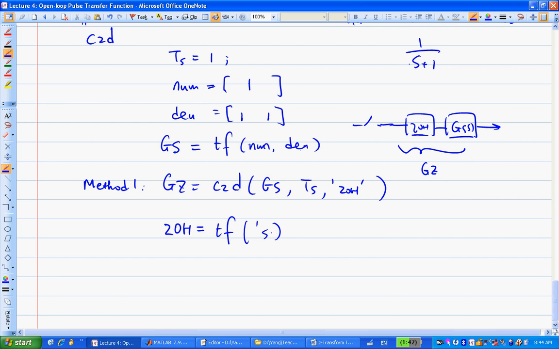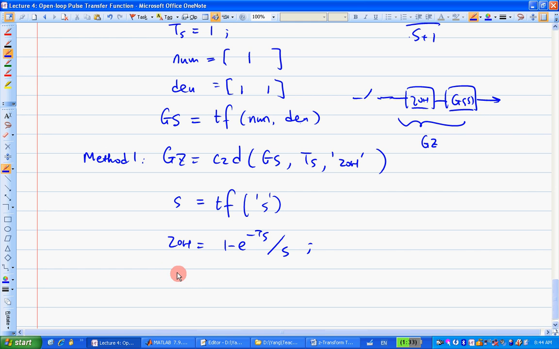So S equals this, then the ZOH, just use symbolic, and that becomes 1 minus e to the negative TS, divided by S. Just type this. It's not an e to this, I think it's exp of negative T multiplied by s.